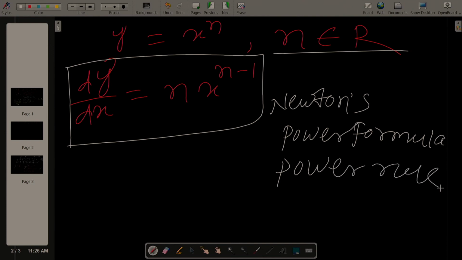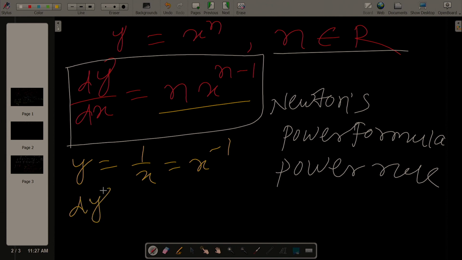Suppose y equals 1 by x. You can write 1 by x as x raised to the power minus 1, and by using that formula you will get dy by dx equal to minus 1 by x square.